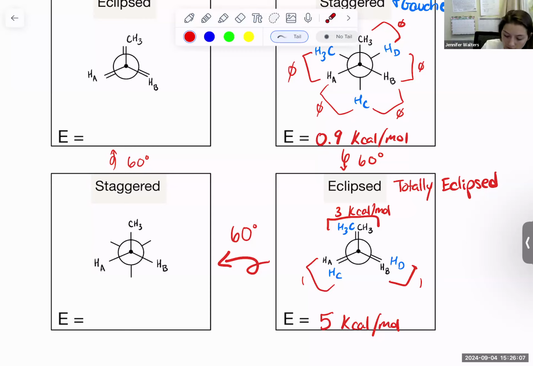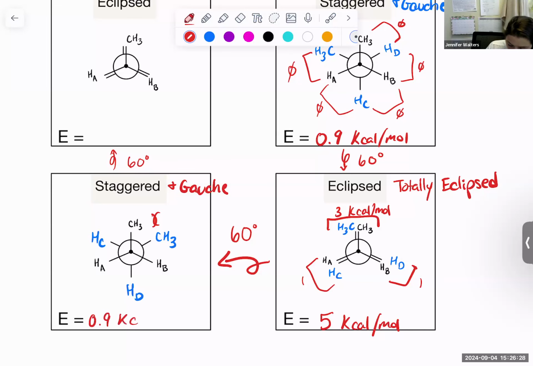If I take that back carbon and rotate it another 60 degrees, now I get HD pointing down, my methyl in the upper right, and HC in the upper left. I have 1 Gauss interaction, so it is staggered and Gauss, and it is again 0.9 kcals per mole.